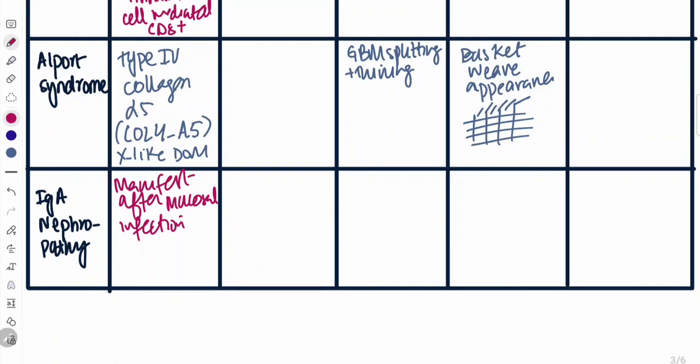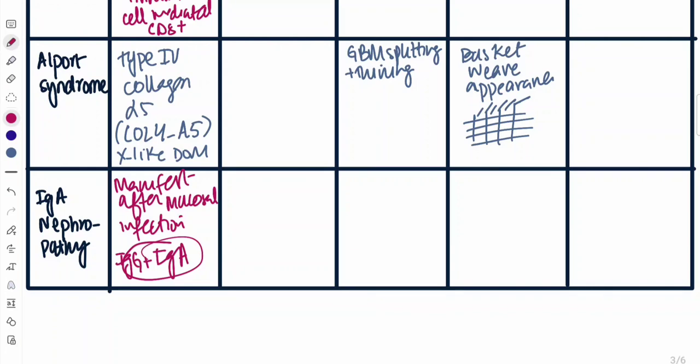So with this, what is going to happen? What will be the immune complex? IgG plus IgA, they are going to complex and get deposited in the glomeruli.